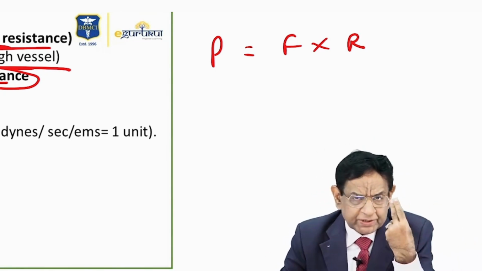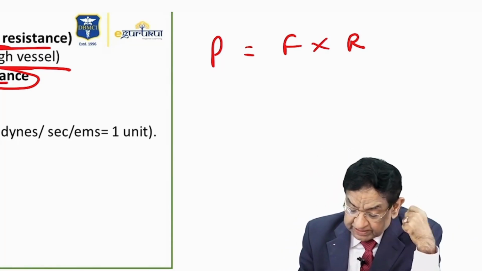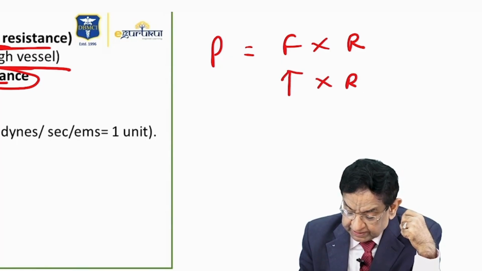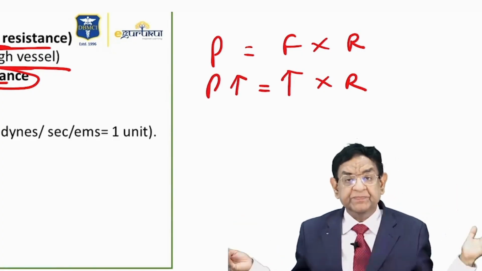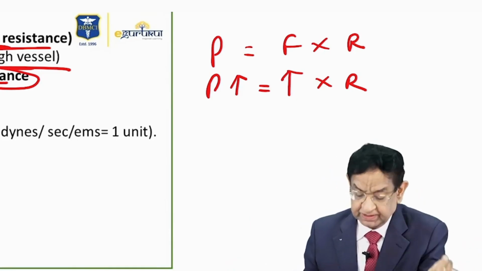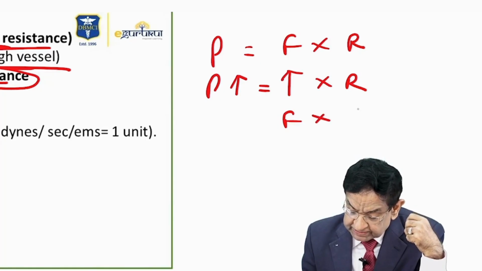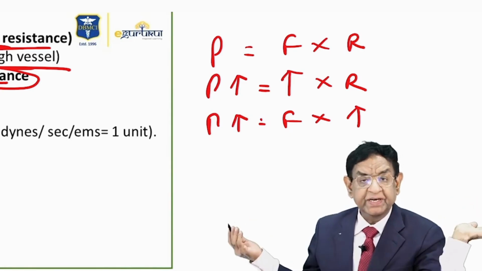So there are only two major factors. Suppose there is one condition where the flow is increased, resistance is the same, pressure will increase, definitely. Second, flow is normal, resistance has increased, pressure will increase, definitely.